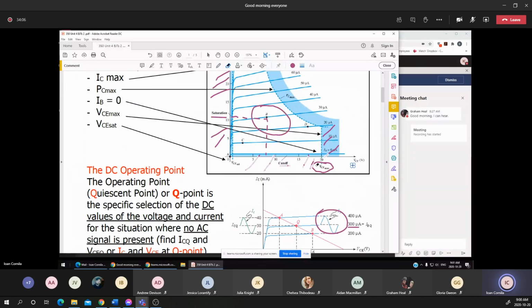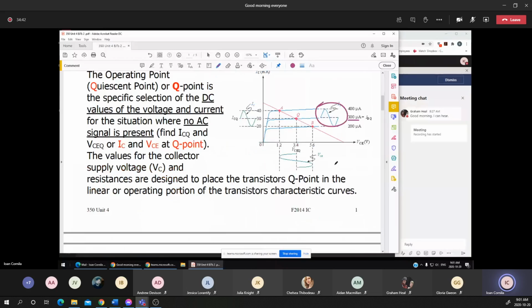You notice the cutoff region is defined as the region when there is no current applied to the base. If there is no current, or the IB is 0, the IC is 0. It means that there is no current in the output loop, or the IC is equal to 0.